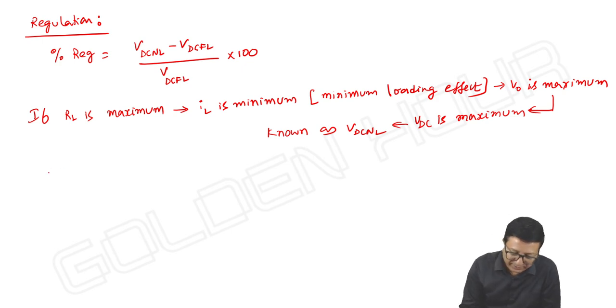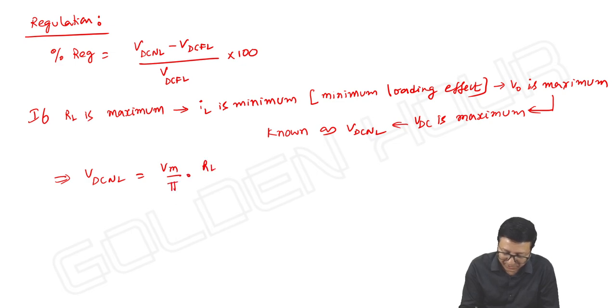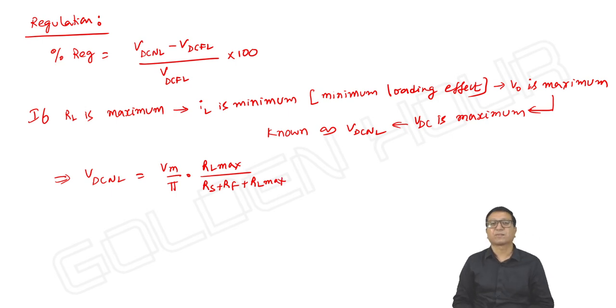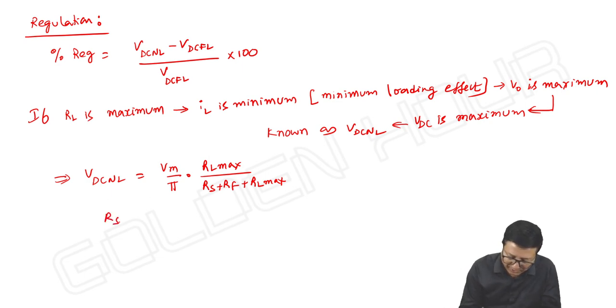Okay, so it is given by VDC no load is equal to Vm by pi into RL maximum by RS plus RF plus RL maximum. Now here generally RL is at its maximum value, means IL is at its minimum value, minimum loading effect. So as RL is extremely high, I can say RS plus RF is far less than RL maximum.